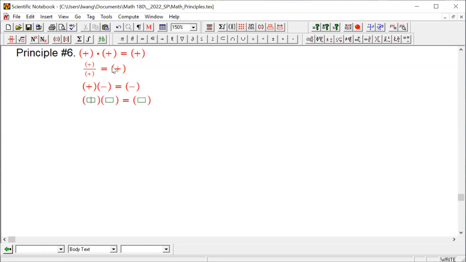A negative number multiplied by a positive number, we get a negative number. Negative times negative, what do we get? We get positive.